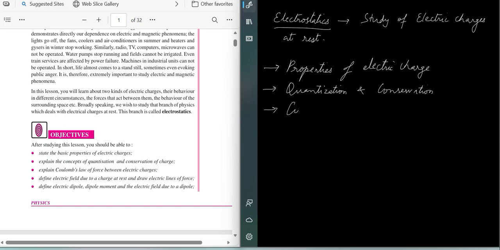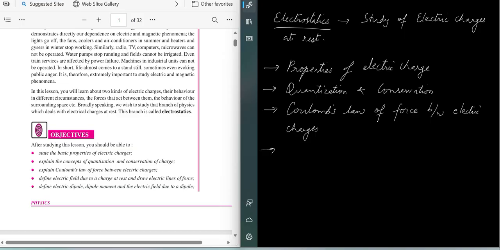Then we will understand Coulomb's law. So this is a very important law, Coulomb's law, which explains the force between two electric charges. It can be more than two electric charges also. So we will learn what force is exerted when two charges come near each other.